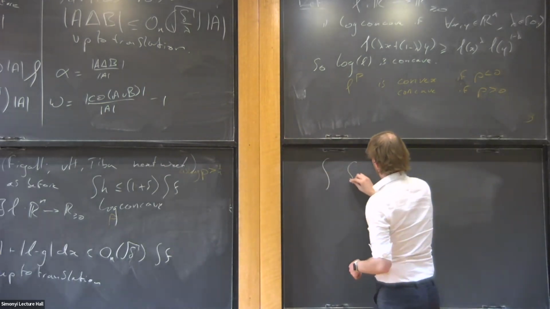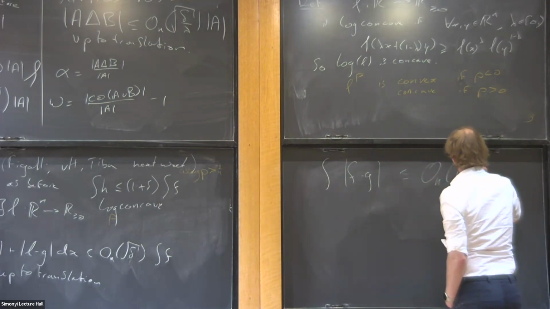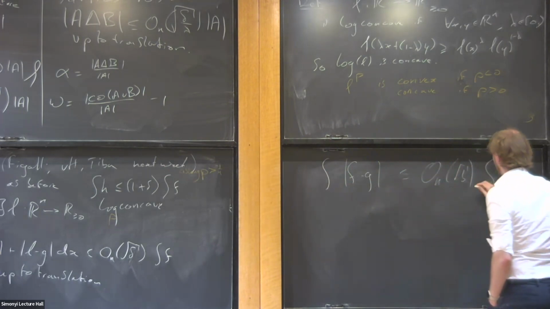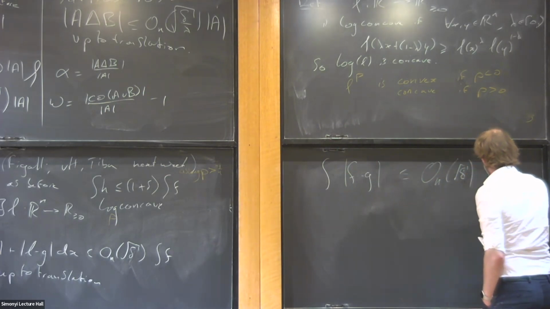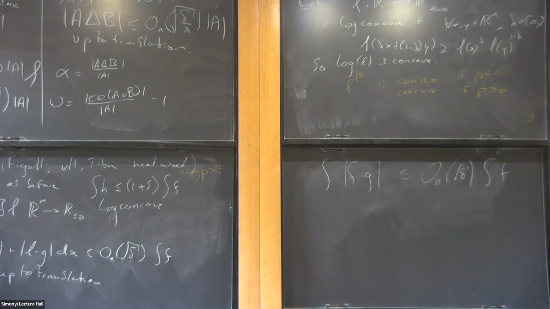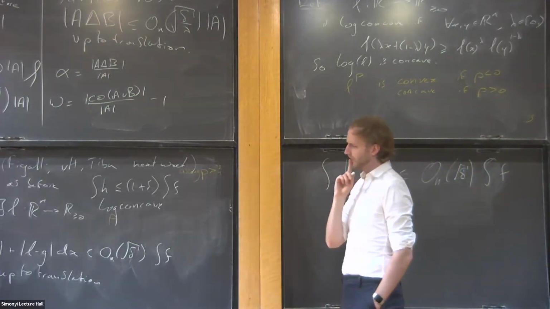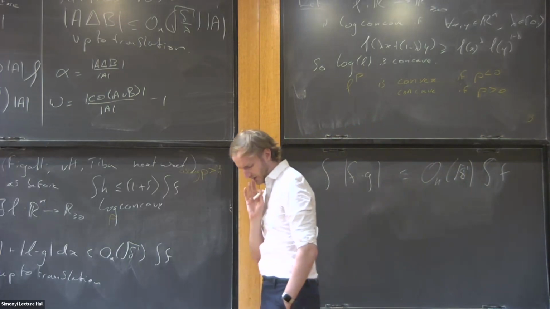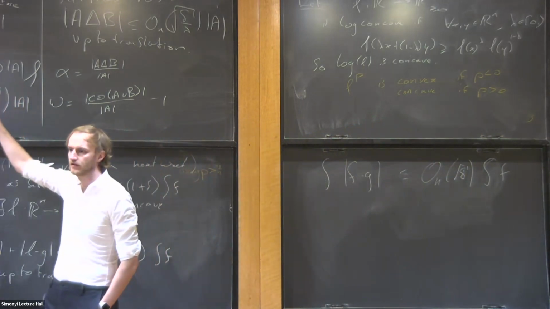So one part is to show that f minus g scales like root delta, again up to translation. The other result is a little bit different from the linear result I mentioned here.